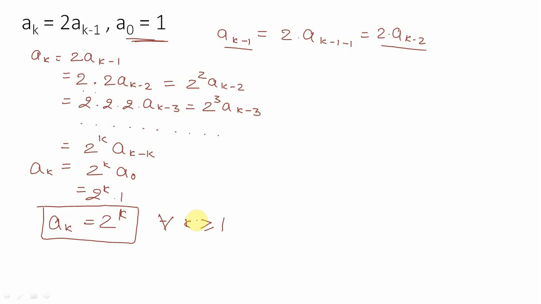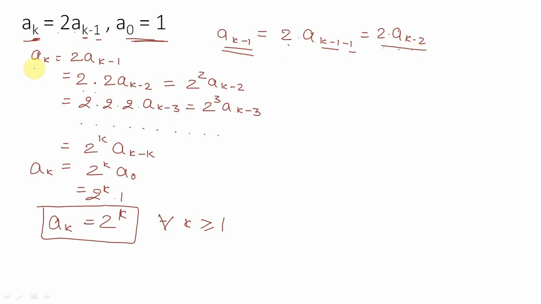Now, by the same logic, if I replace k by k minus 1, the expression becomes ak minus 1 is equal to 2a(k minus 1 minus 1), or I can write it as 2ak minus 2.